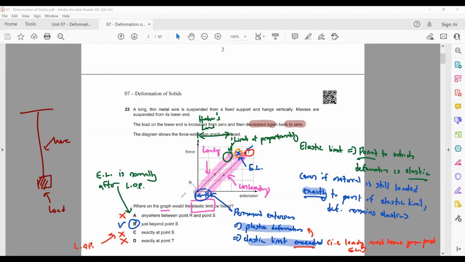This is also wrong because remember I told you, even if material is loaded exactly to the point of elastic limit, the deformation is still elastic. You must have gone past the elastic limit before you can have plastic deformation. So T is not applicable either. The correct answer is B.